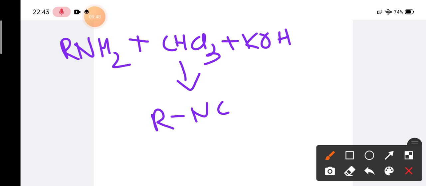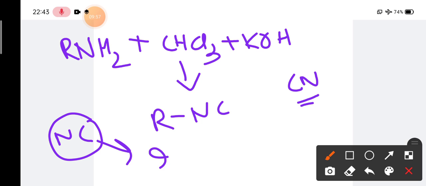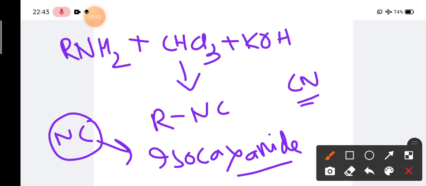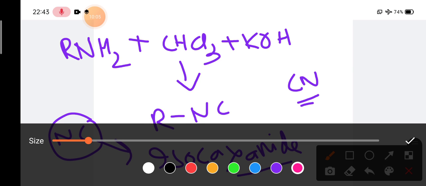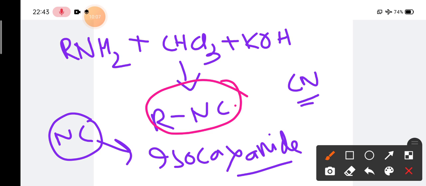Okay, so we know that CN is called cyanide. What is NC? NC is called isocyanide. The NC part in this group is called isocyanide. Okay, so here this RNC will be the main product, and this product is called alkyl isocyanide.